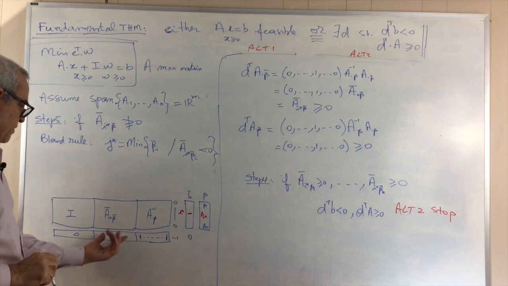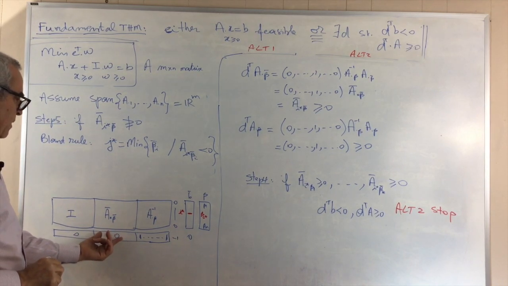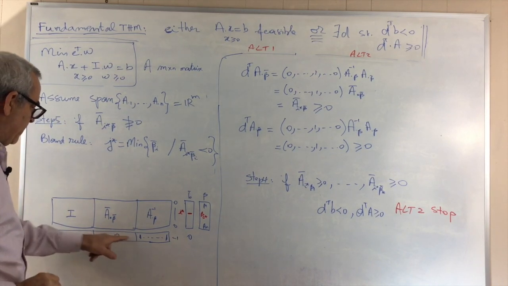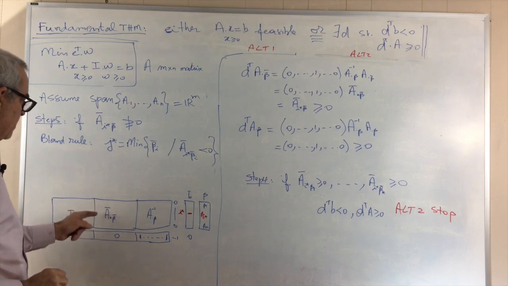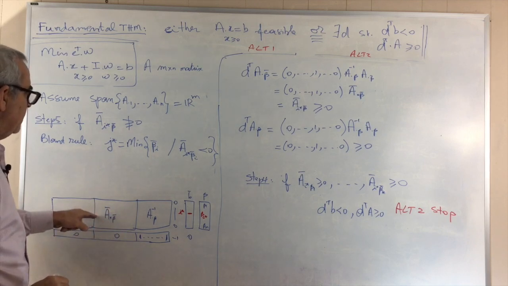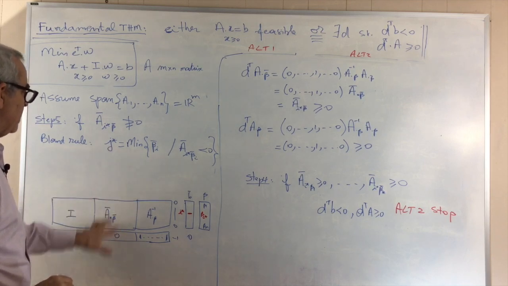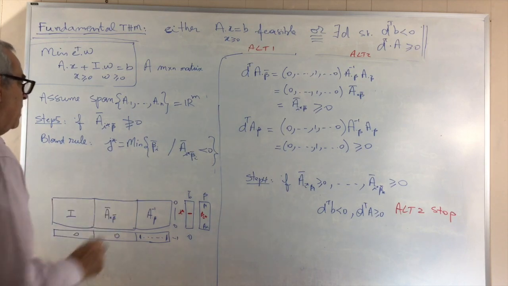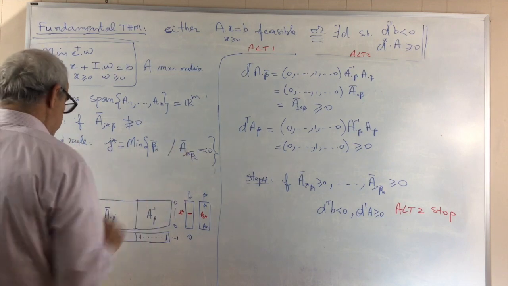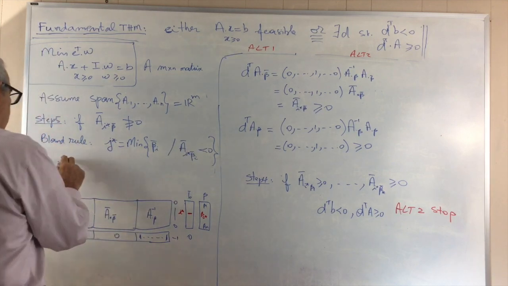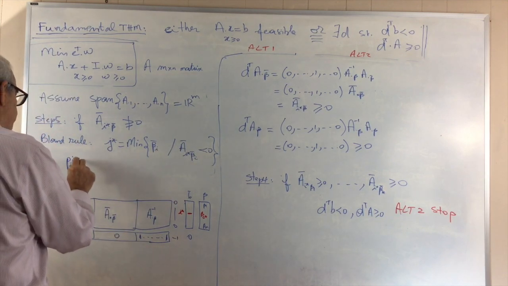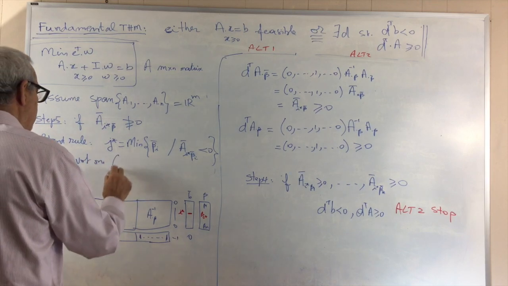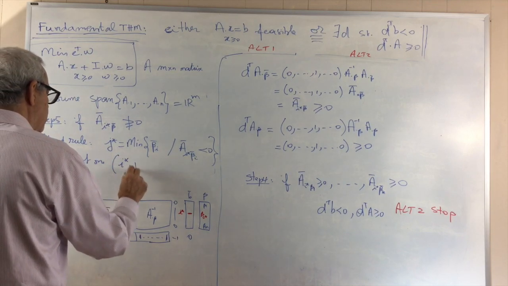We're going to do the ratios. The minimum ratios are over here because these are zeros, and then we look at the negative index among all the non-basic columns. So beta bar I represents the non-basic column, and we choose the lowest index for which it is negative. And then we just pivot on I star J star.